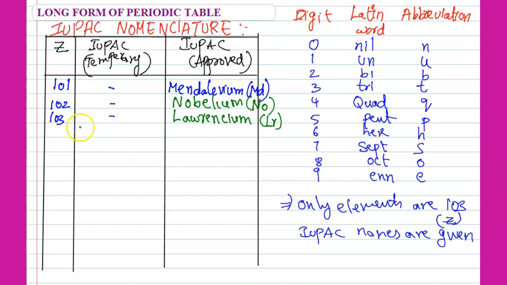Next 104. See the students, 1 means un, 0 means nil, 4 means quad, and finally we add ium. So the symbol is Unq, and its name, after they found it, is Rutherfordium, Rf.